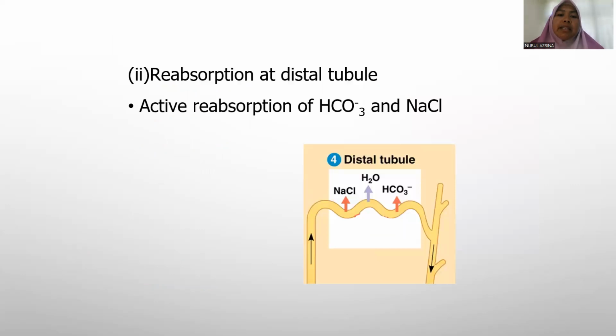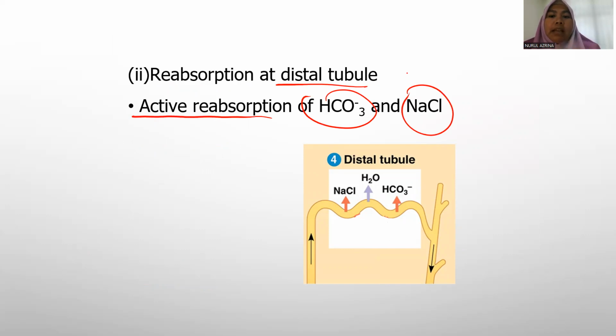Next, let's look at what happens at the distal tubule. Reabsorption at the distal tubule: there is active reabsorption of bicarbonate ion and also salt. You can see here at the distal tubule, bicarbonate ion is actively reabsorbed. Just now at the proximal tubule, bicarbonate ion was passively reabsorbed.